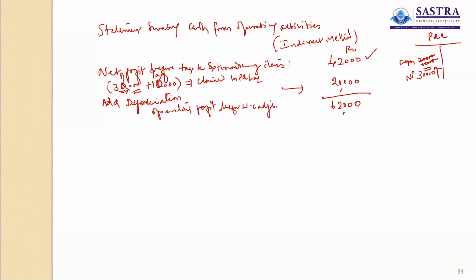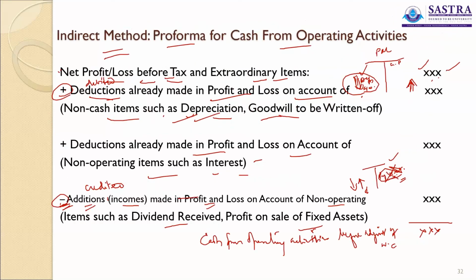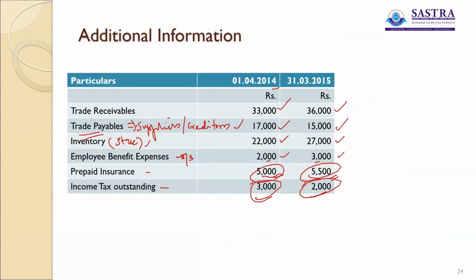So from this, I have to do the working capital adjustments. I have to look at each and every item of current assets and current liabilities. Receivable is a current asset and payable is a current liability. Stock is a current asset. Outstanding liability is a current liability.